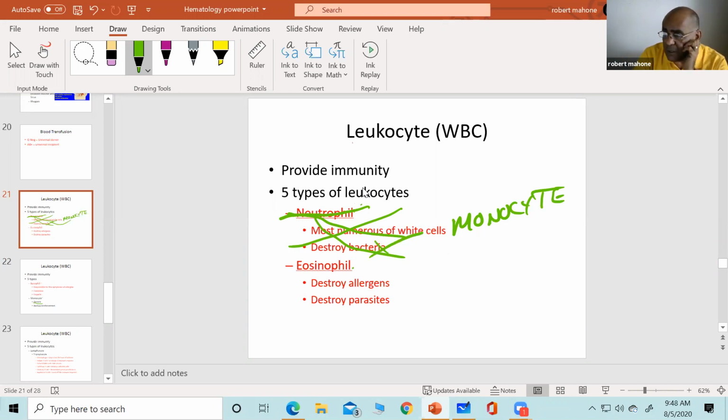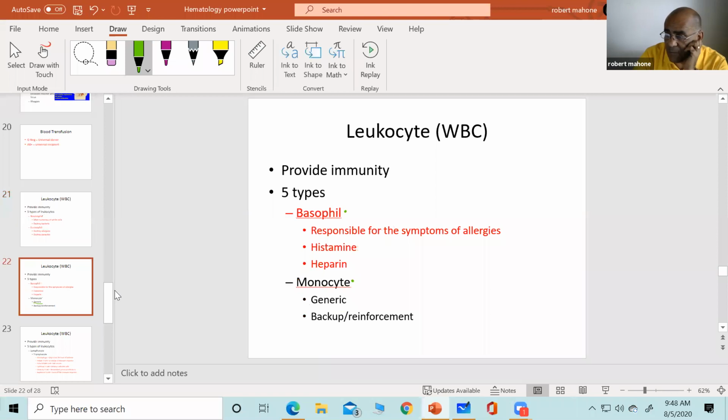Now, unfortunately, a high monocyte count can be an issue because they take a long time to reproduce. And it means that your body has been under attack by whatever for quite a while.